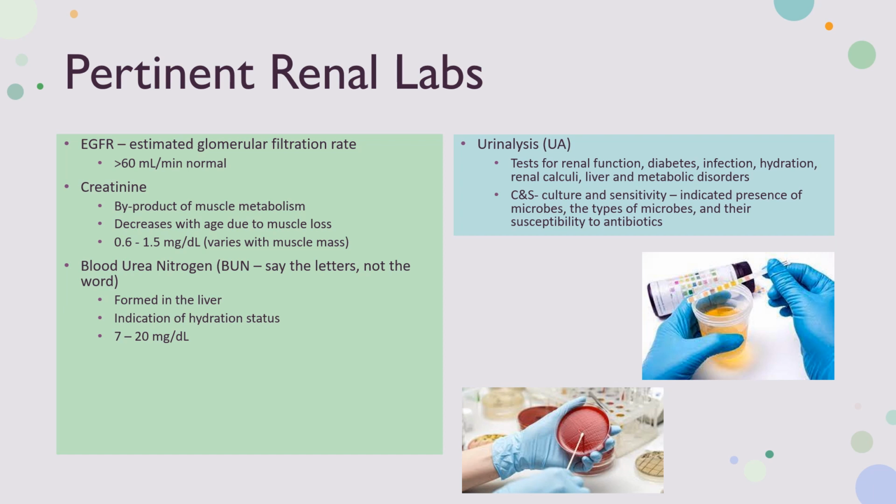BUN can be elevated due to dehydration, independent of renal function. Due to this, BUN without creatinine analysis is not used to determine renal function. Elevated BUN indicates dehydration, but in combination with elevated creatinine, this can indicate renal dysfunction.